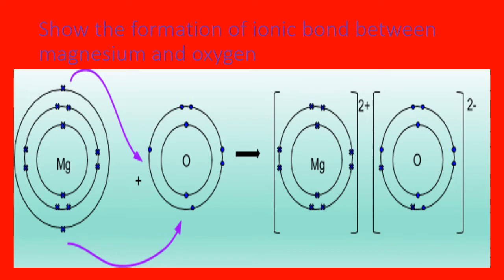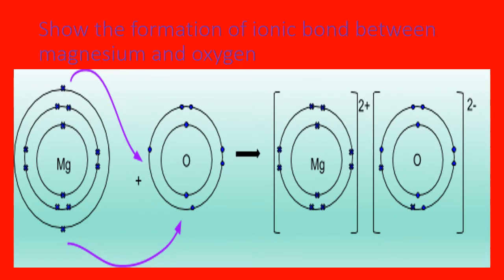So its electron configuration is 2,8,2. Oxygen has 2 electrons in its innermost shell and 6 electrons in the outer shell. This shows that magnesium tends to lose 2 electrons while oxygen tends to gain 2 electrons.